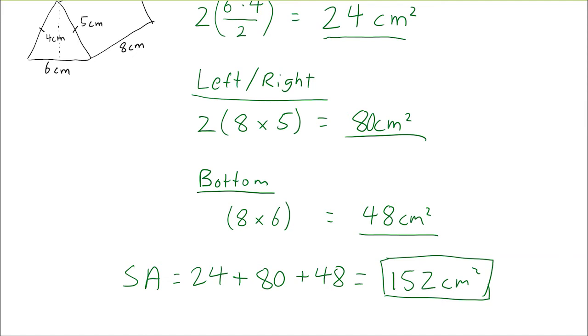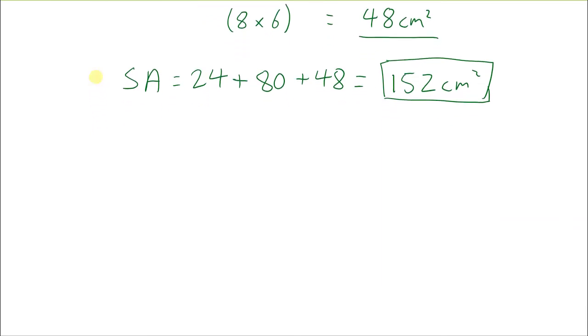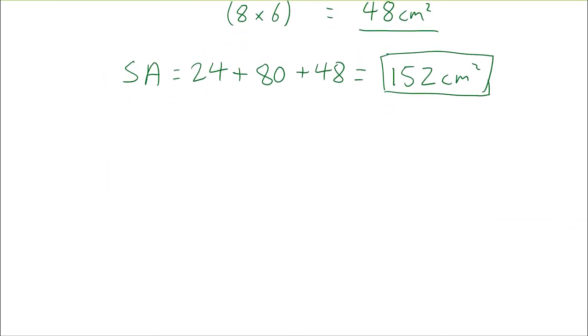The next prism we're going to take a look at is a circular prism, or we call it a cylinder. So a cylinder looks like this.